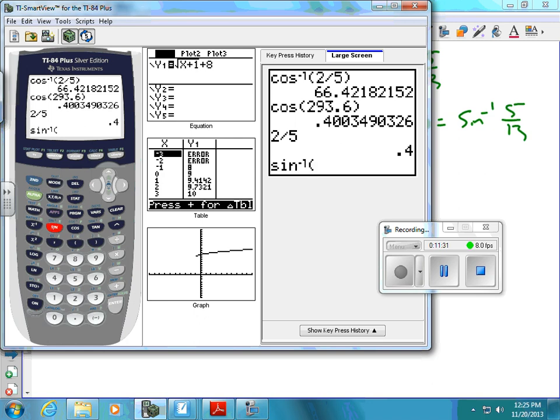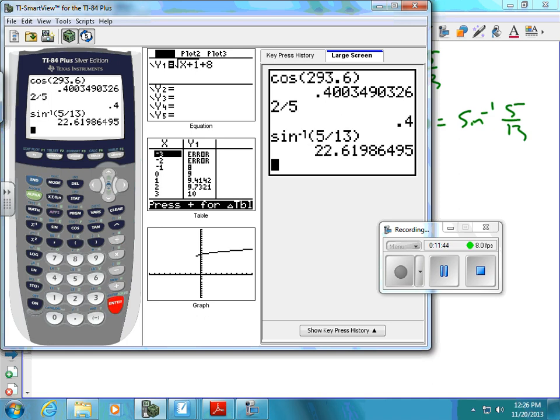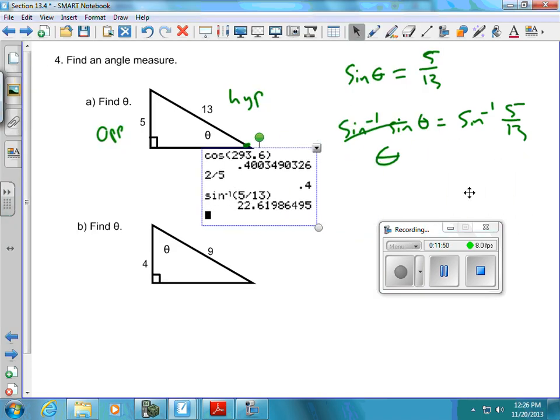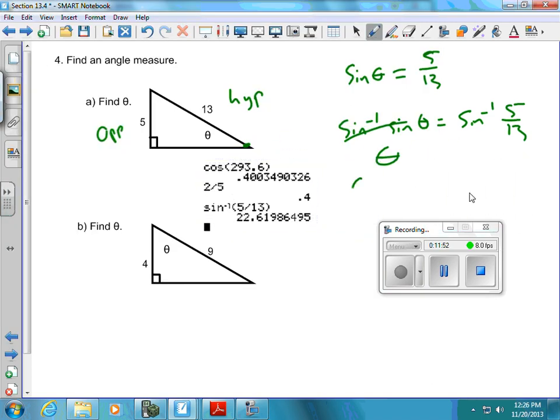Oops, let's hit second delete, which lets you insert stuff, so let's insert a division key right there. And we get 22.6 degrees. So theta is 22.6 degrees.